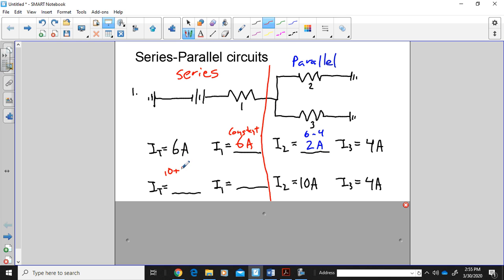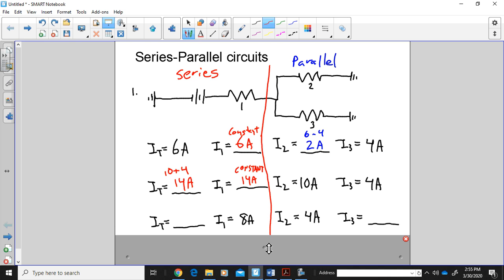So the 10 plus the 4 would get me to 14 amps. It's the total current. 14 amps comes out. In a series circuit, it's constant, so I can fill in 14 amps there. And then it's going to split. 10 goes up here, 4 goes down there.